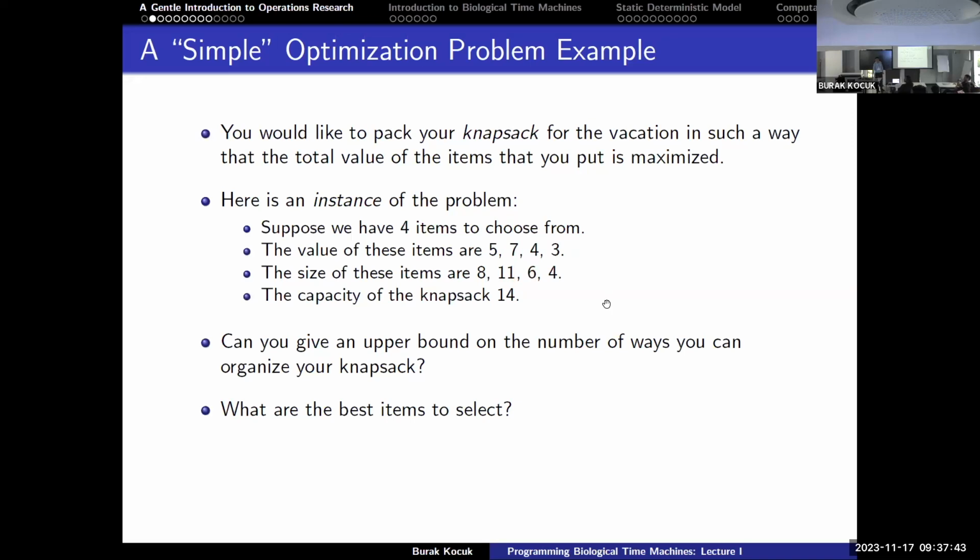Capacity is... 8 and 6. Yeah, if you use the item with value 5 and the item with value 4, the total is 9, and they just barely fit the knapsack. And if you look very carefully, that's the best you can achieve.